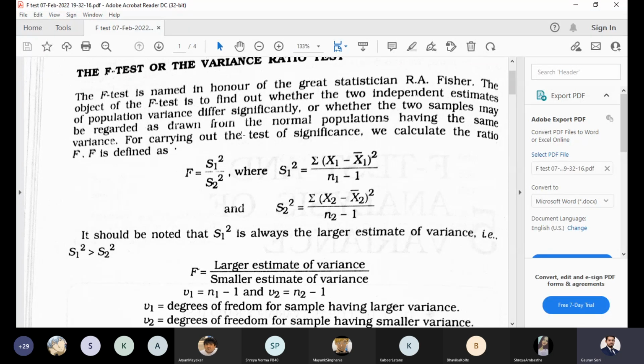Let me just recall in your statistics part, what we saw was variance is nothing but the deviation of the data from its mean. Okay, say for an example, if you compare Rohit Sharma and Virat Kohli, what you will observe is the consistency for Virat Kohli is more than Rohit Sharma.